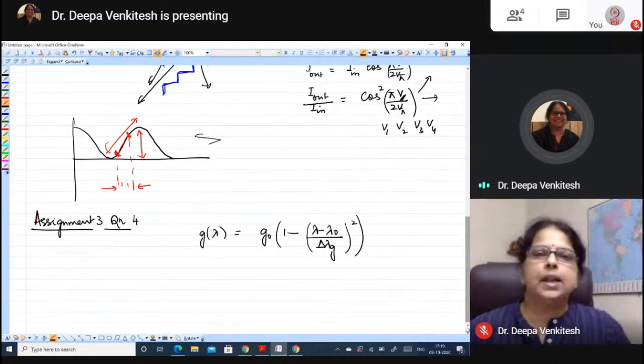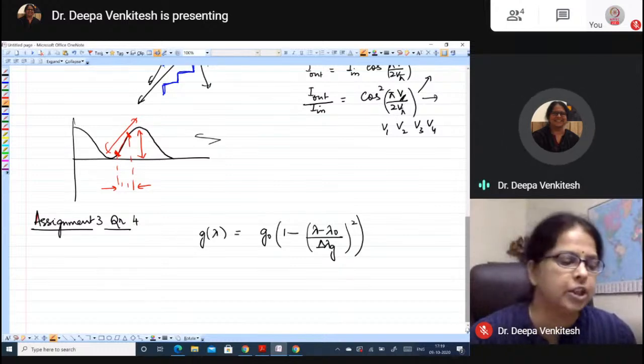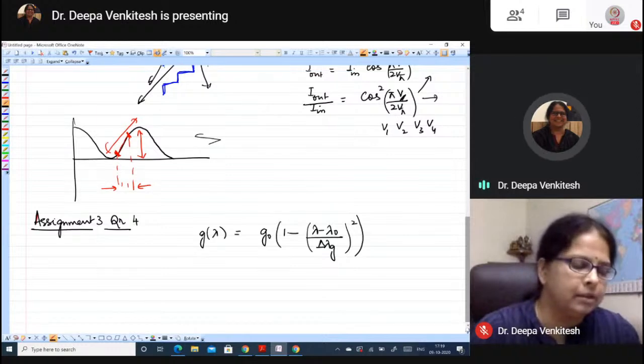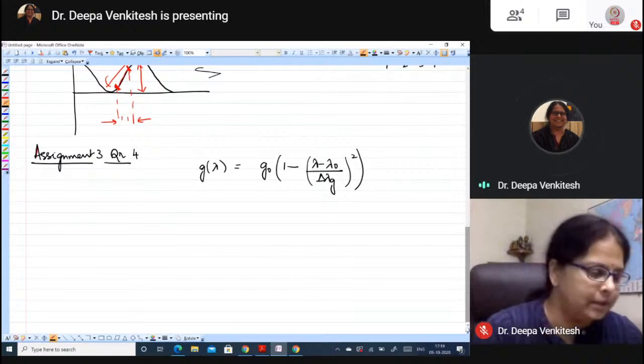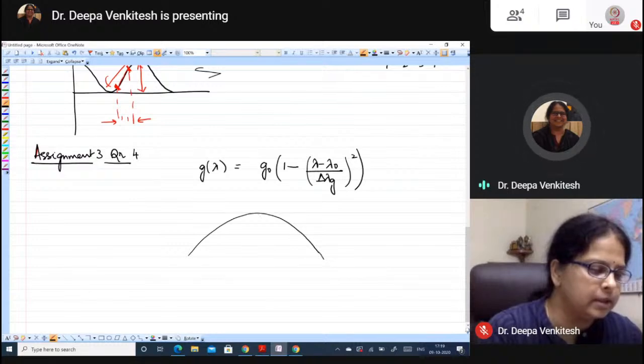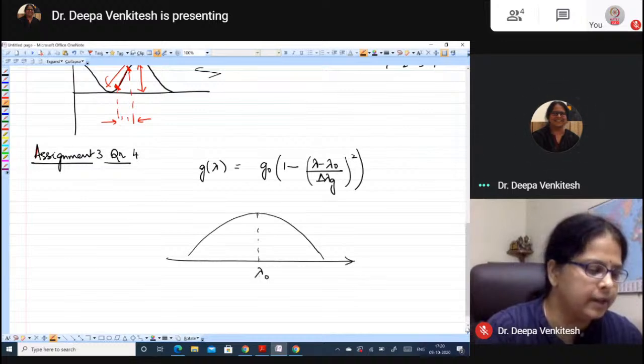We studied in class that the gain coefficient has a shape, and we studied the reason for the lower cutoff and the reason for the upper cutoff and so on. It's convenient to just assume it as a parabolic shape. So this is G of lambda on the y-axis.